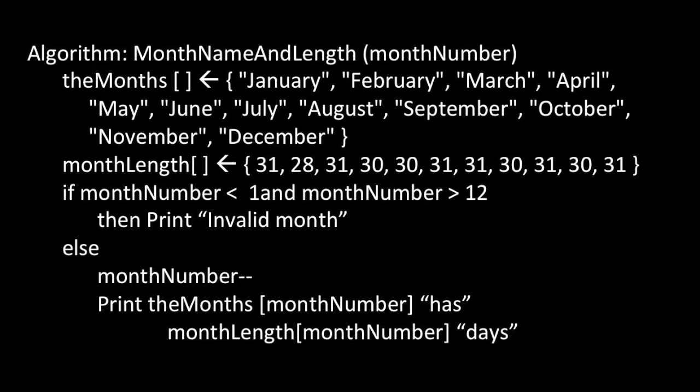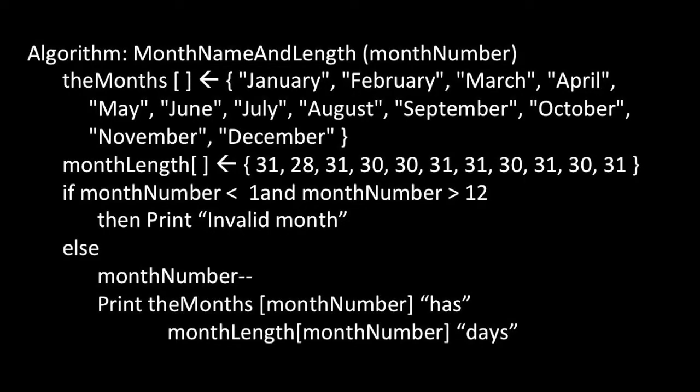So January has 31 days, so the first element of month length is 31. February has 28 days, well, except in leap years. And so the element with array index 1 will be 28, and so forth.